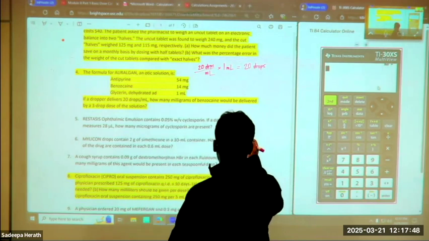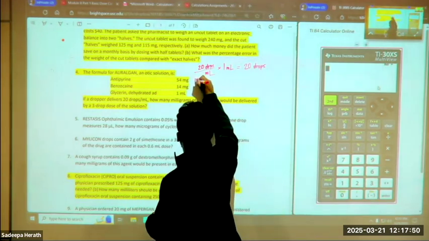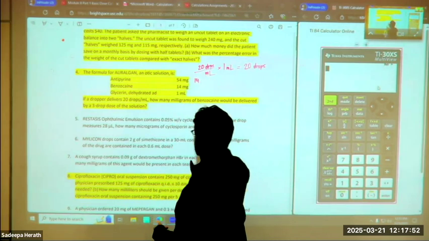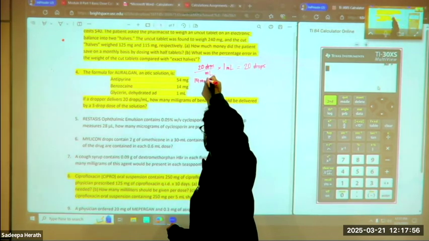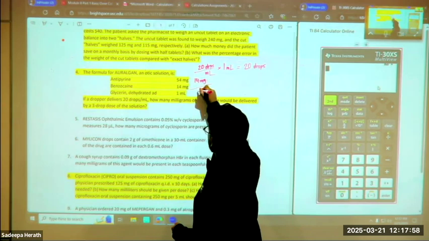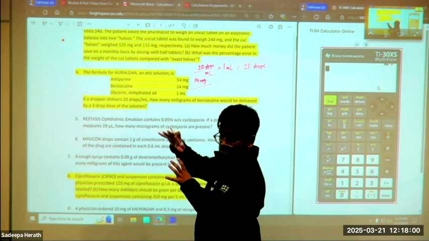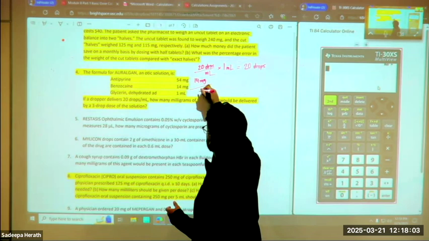Pretty cool, right? So they're asking for benzocaine, so that's 14 milligrams. 14 milligrams divided by, and that's 14 milligrams in the total 20 drop solution.